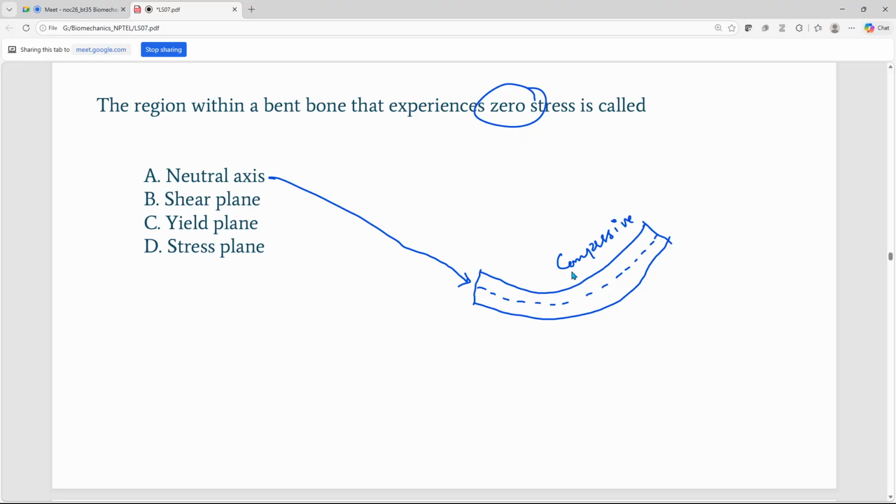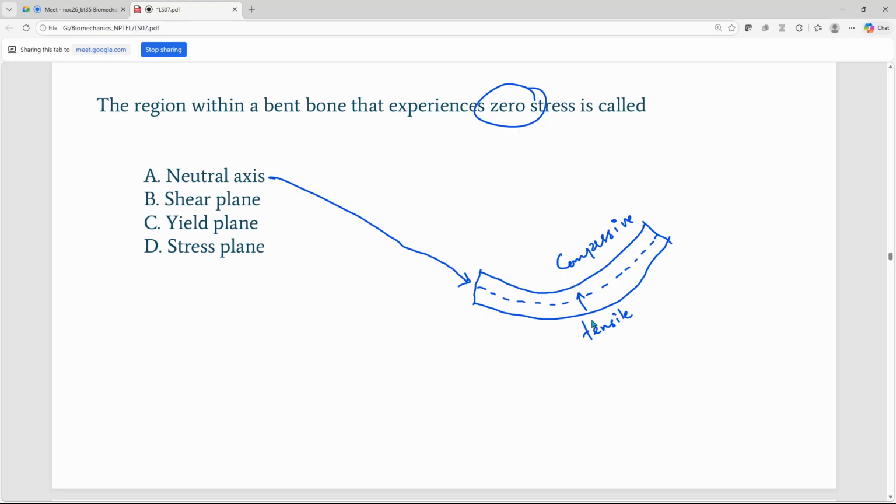Here, the concave region is compressive. Here it is tensile. So if we are going from outer to inwards, where the stress reverses, that region is known as the neutral axis, and it experiences zero stress.